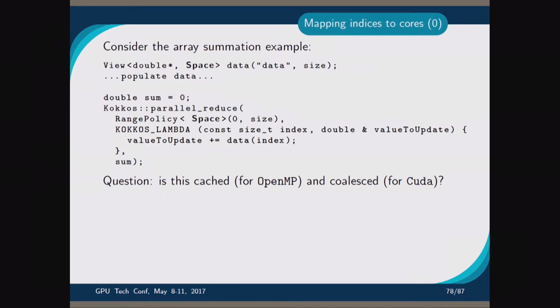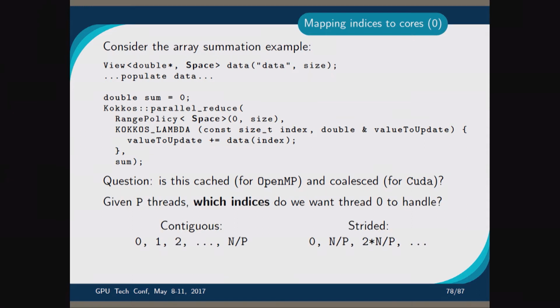So when we map indices, remember, going back to the very beginning, we're going to map this range 0 to size minus 1 and call this from a particular thread at a particular time, space-time. For OpenMP, we want this behavior to be cached, and we want this behavior to be coalesced for CUDA on the GPU.